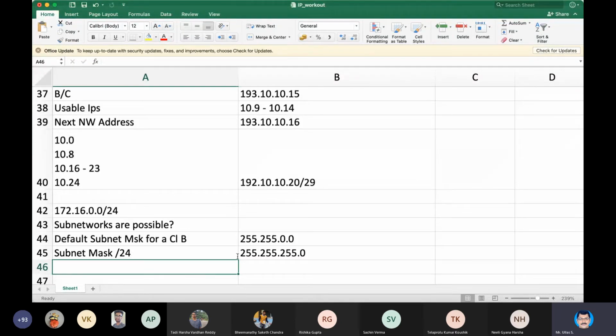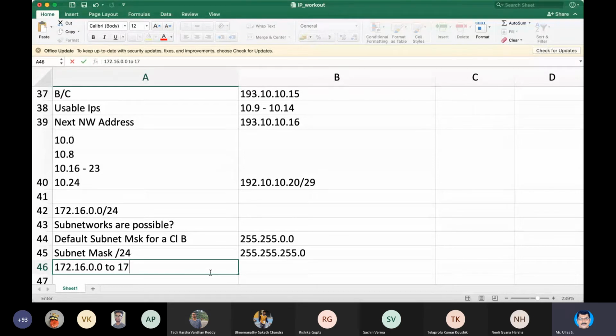The third octet completely you are subnetting. So the network address will change from 172.16.0.0 to 172.16.255.0.